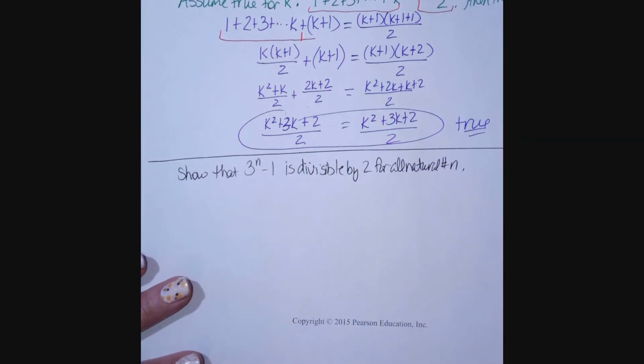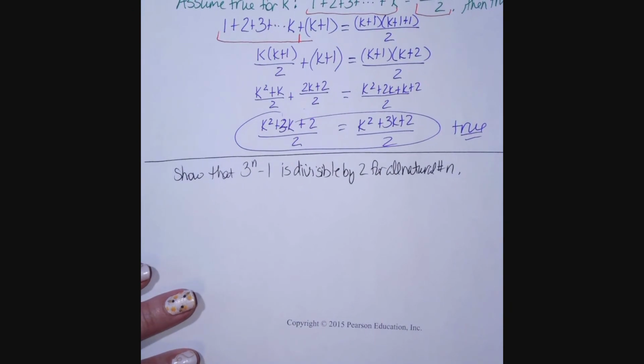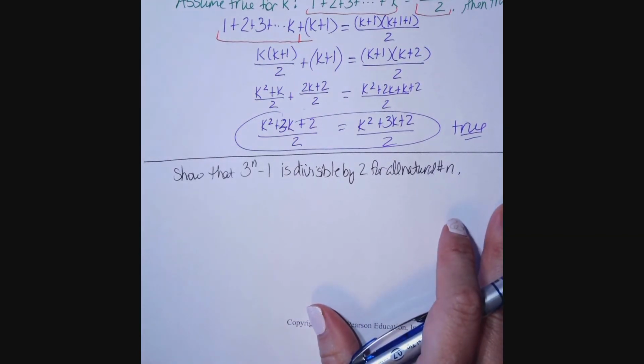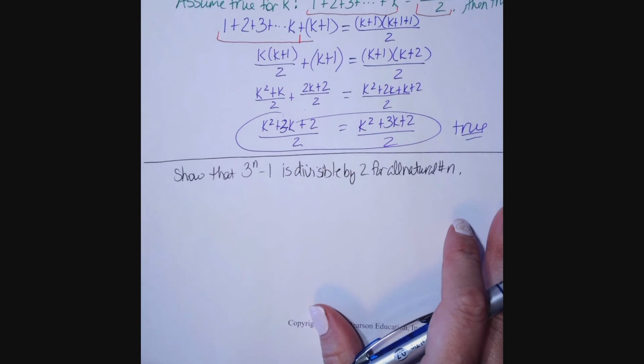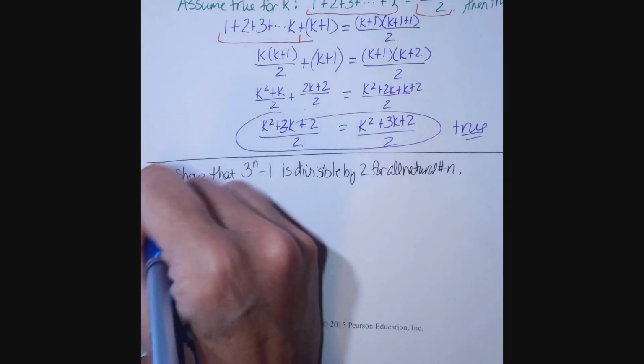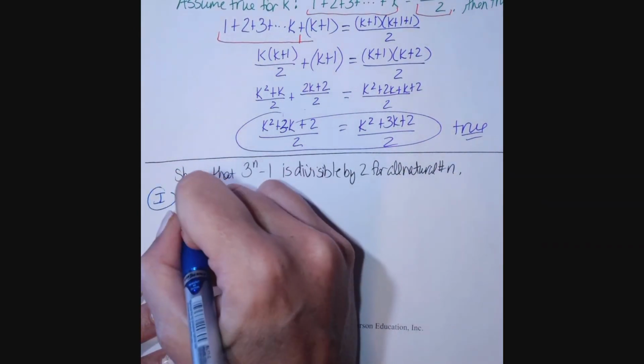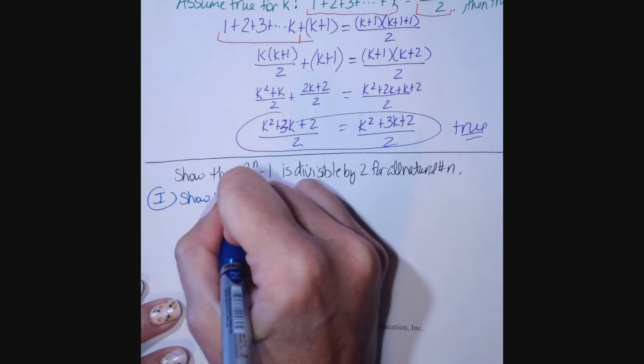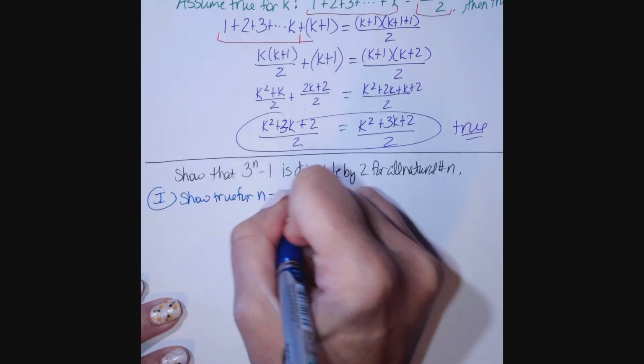So we're going to show that 3^n minus 1 is divisible by 2 for all natural numbers n. We do that just like we have been, by showing that both of our conditions are true. The first condition that we check is to see if it is true. We're going to show it is true for n equals 1.